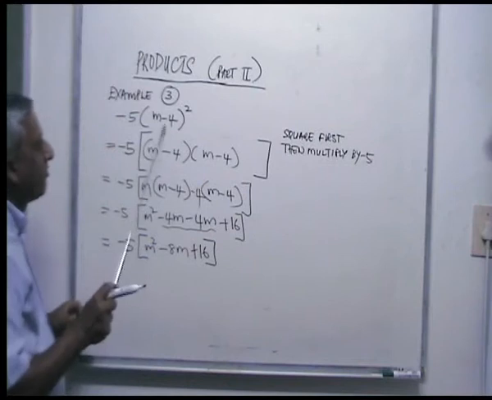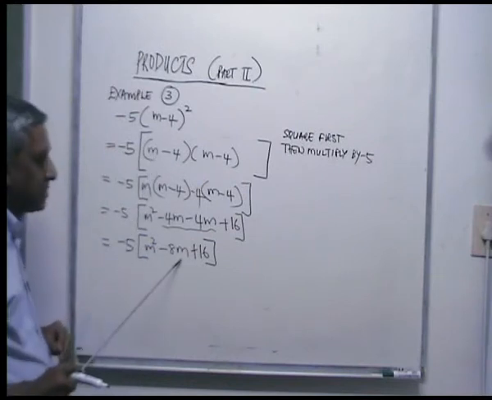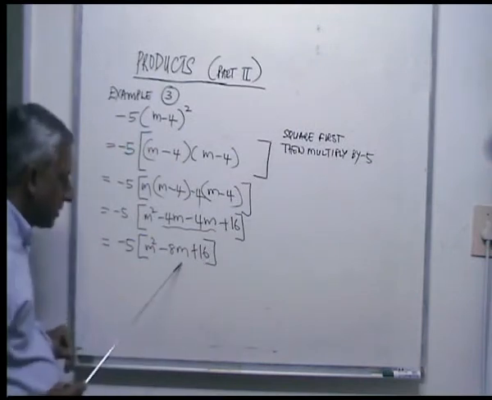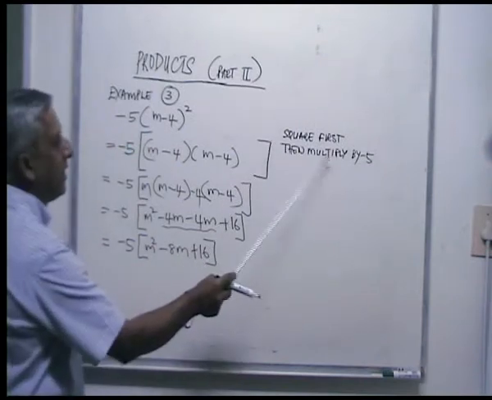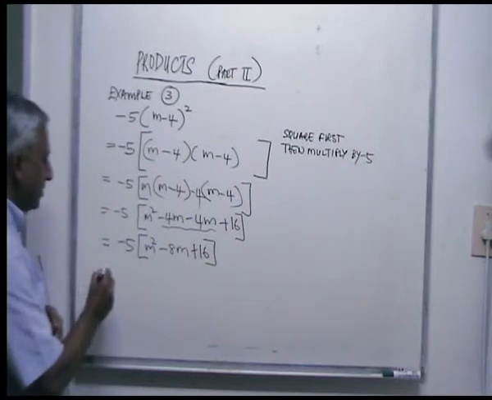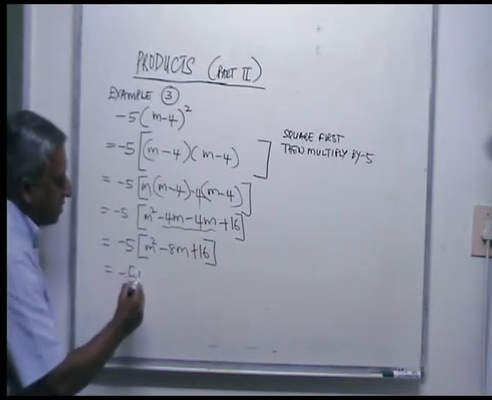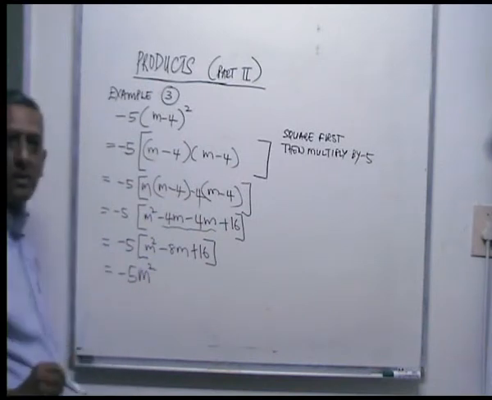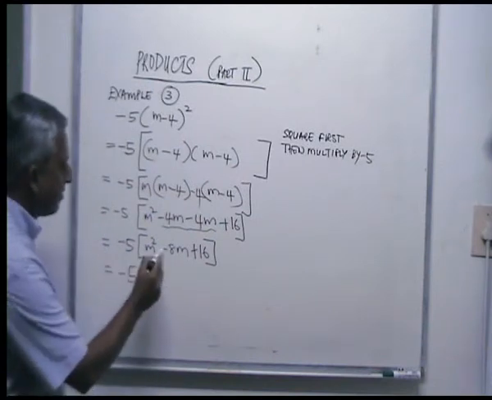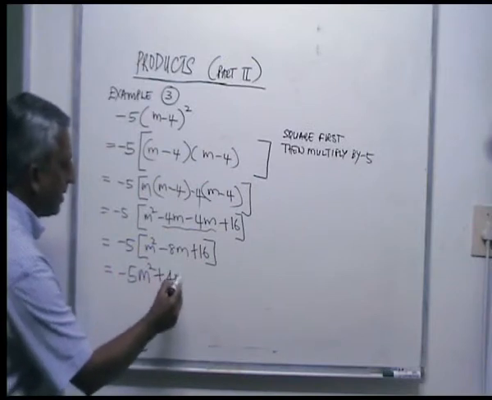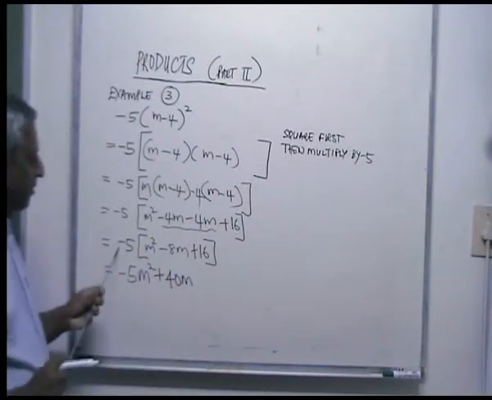So you see, we have found that answer and it is written here. Now we finish square. Now we can multiply by minus 5. So the last step is minus 5 times m squared gives you minus 5m squared. See? Minus times minus gives you plus 40m. Watch.